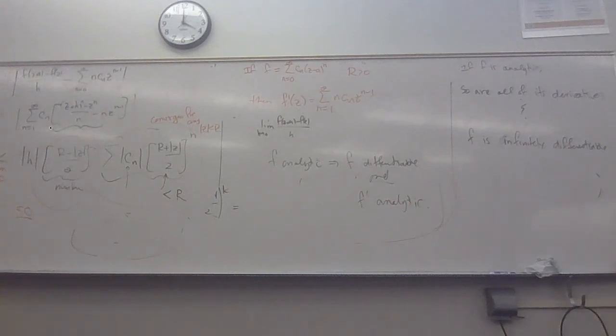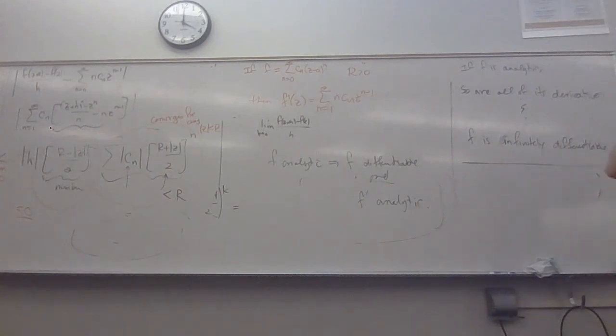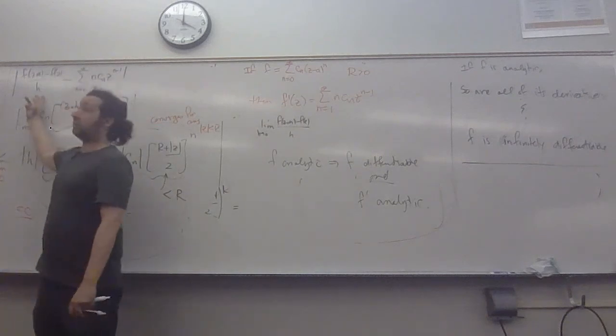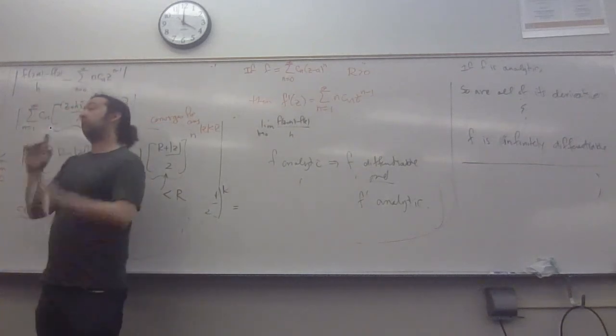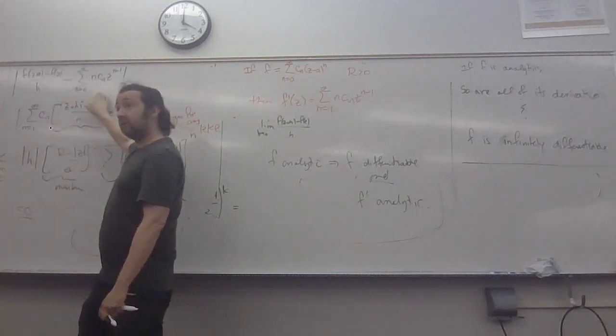Yep? Do we have to ensure that the limit of the difference quotient exists before? No, because we didn't know going in that this difference quotient was going to converge to anything. But what we've done here, really in secret, was assert that this was the L that the difference quotient converged to.